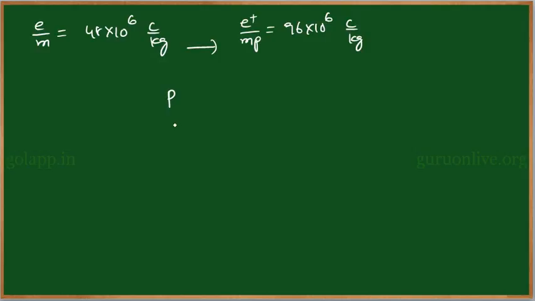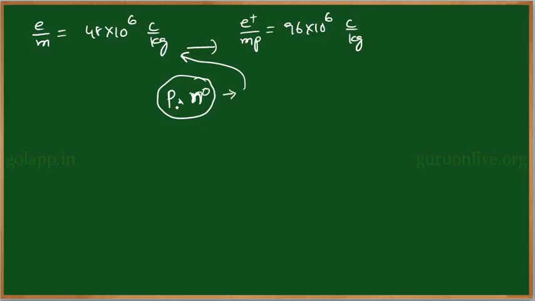So proton, and assume that there is a particle which is a neutron, because neutron doesn't have charge. So if we consider this particle as 1, this particle's e by m ratio will be equal to the given particles' e by m ratio.